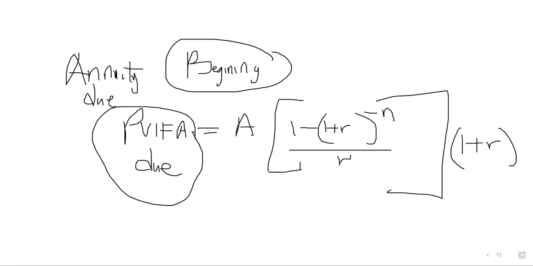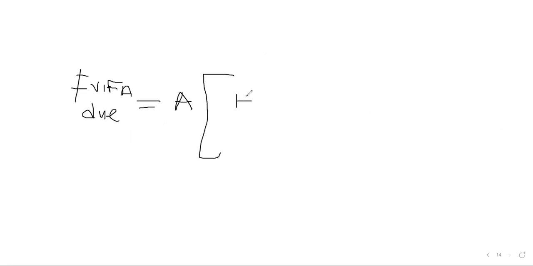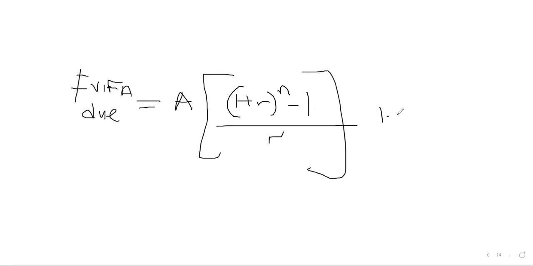Then the future value interest factor of an annuity due is equal to the amount, then open brackets (1 plus r) to the power n, minus 1 over r, then multiplied by 1 plus r, just like this.